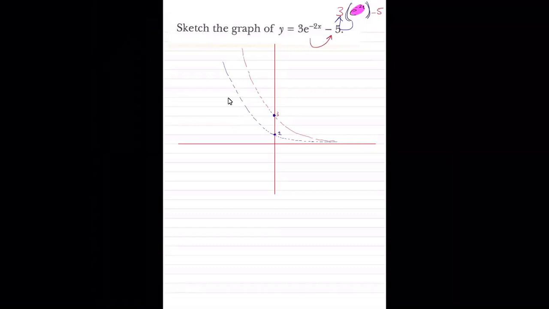So where do you think this point is going to go? Would it go to minus 2 then? Yes, it is going to go to minus 2. One more thing. I know that over here this graph was asymptotic to the x-axis.